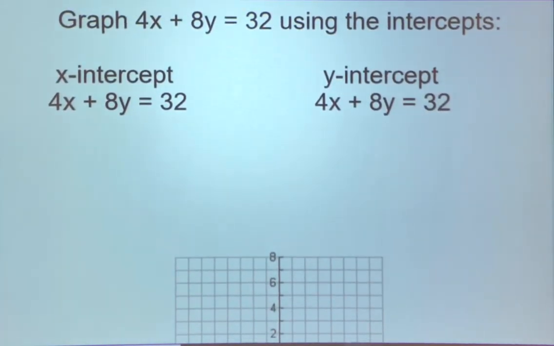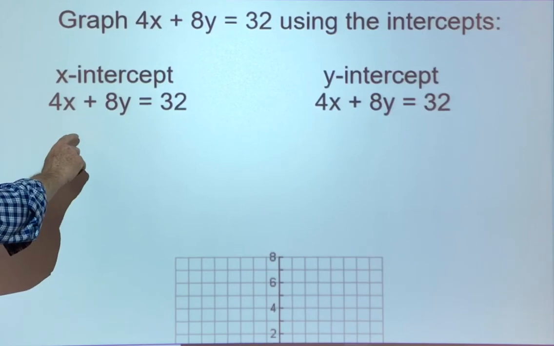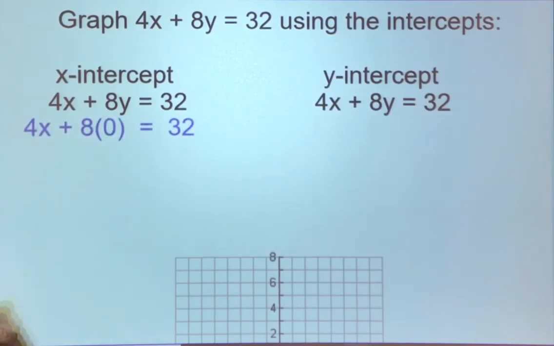So let's go ahead and try to graph just using intercepts. The equation is 4x plus 8y is equal to 32. So let's find the x-intercept first. We know that if we replace the y with 0 and solve for x, the result will be the x-intercept. So let's plug 0 in for y, and then simplify that, because 8 times 0 is 0, and 4x plus 0 is just 4x.